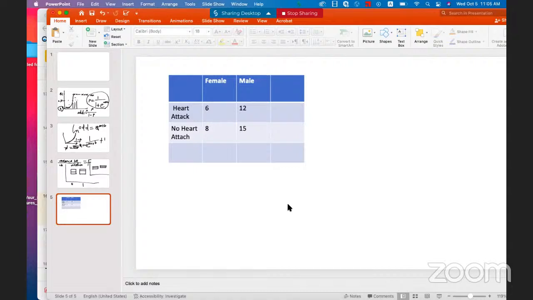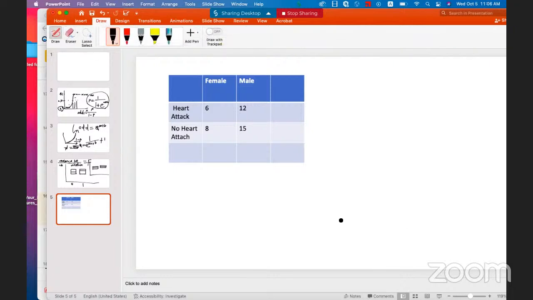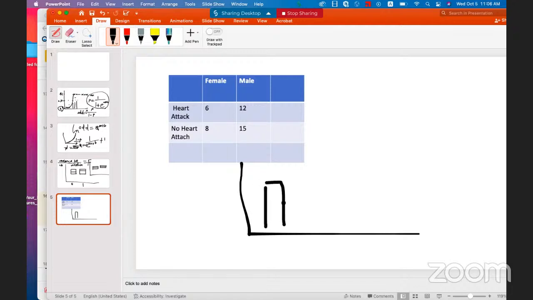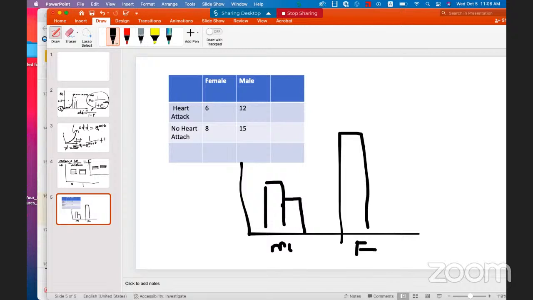Heart attack, female and male. If there's no significant difference between male and female, this is 2 to 1.